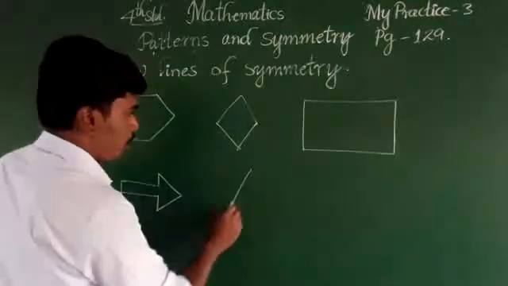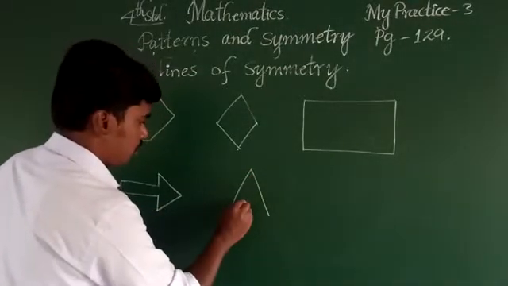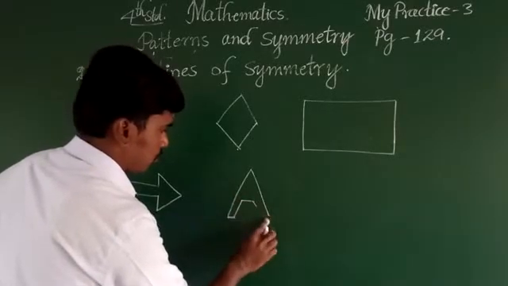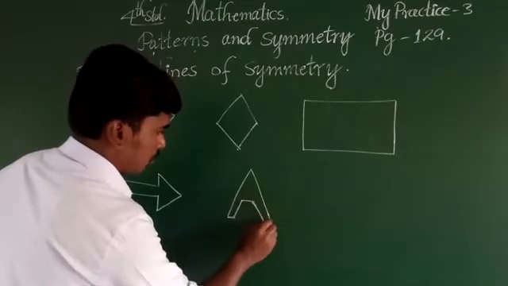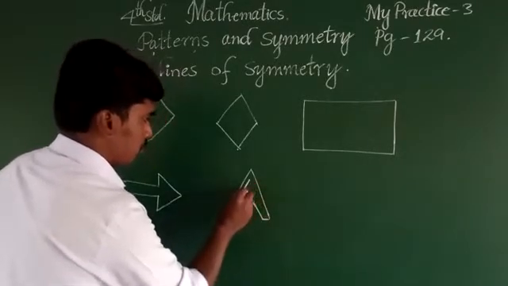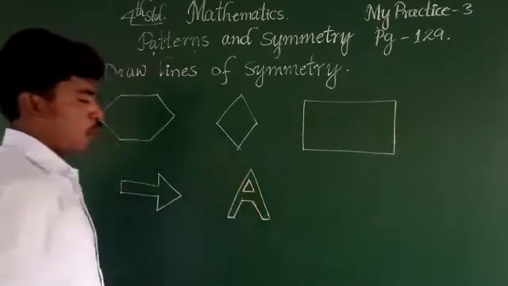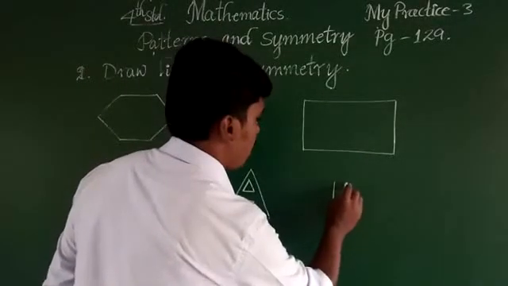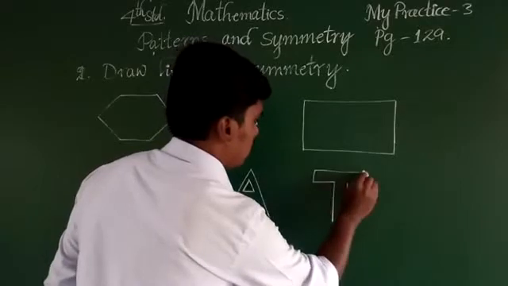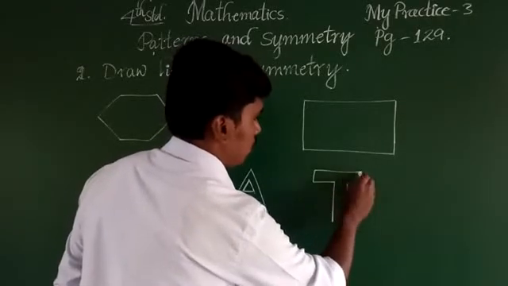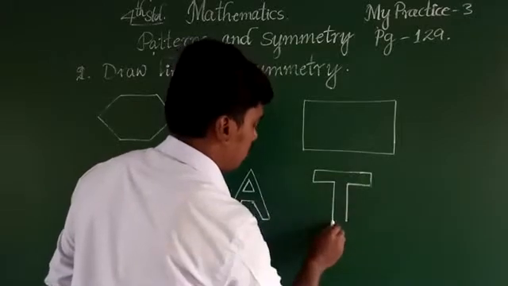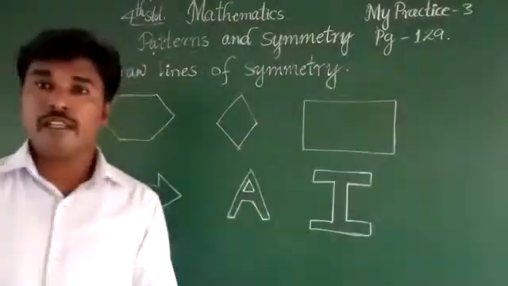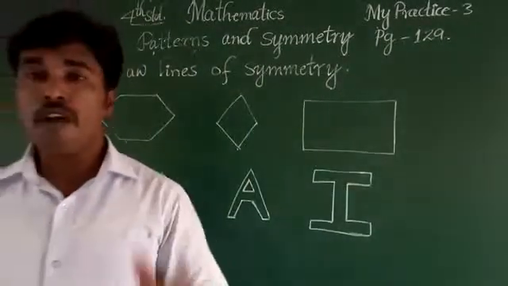The letter A. And one more, they have given I. So these are the shapes they have given to draw the line of symmetry.